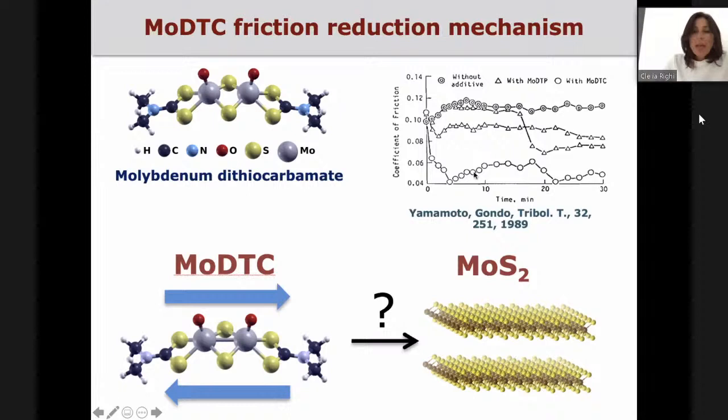It is well known since many years that this capability is related to the tribologically induced transformation of MoDTC into molybdenum disulfide.